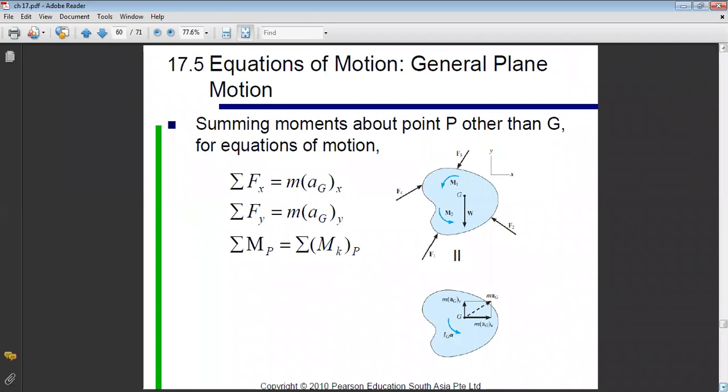And if you choose any other point on your body and you want to do sum of moments about P, then you should do I_G alpha plus moment of vector m a_G about P, which is the general case we covered last time. So if you choose any point different than G, when you do sum of moments about P, you will do I_G alpha plus moment of vector m a_G about the point.